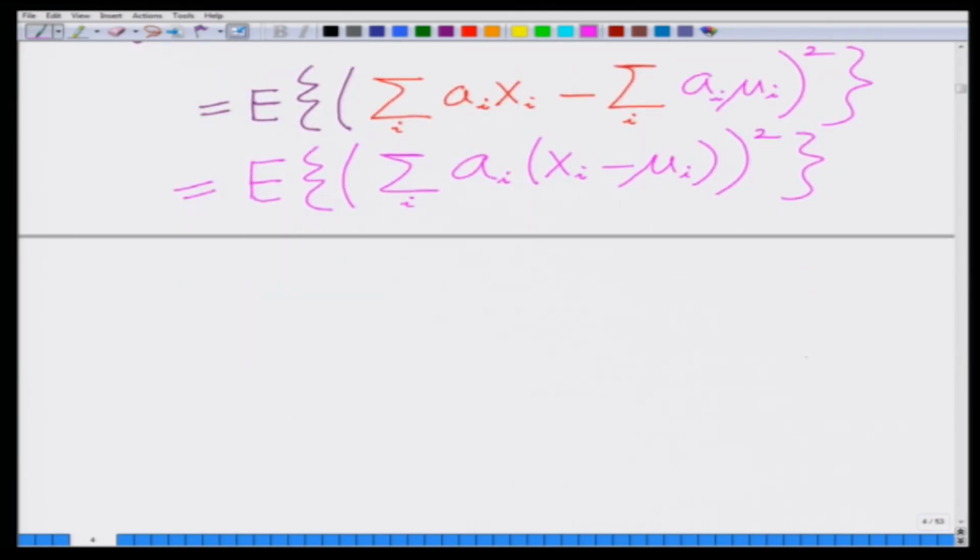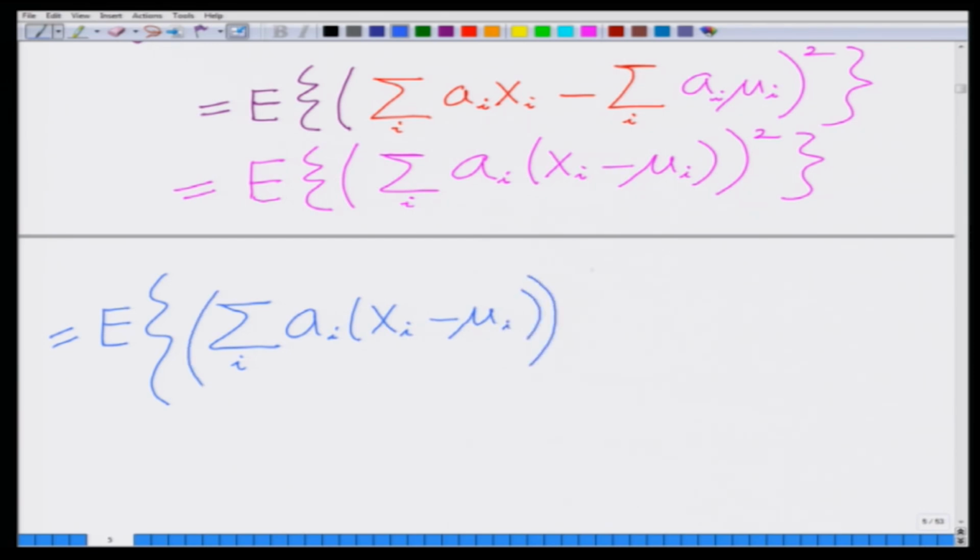which can now be simplified as the expected value of summation over i of ai xi minus mu i times summation over j of aj xj minus mu j, that is the product.